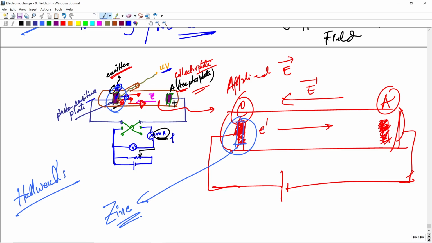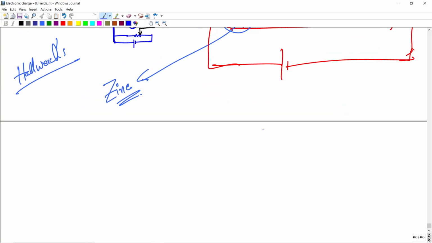This happens when a UV ray is applied on the zinc plate. In 1897, further studies were done.